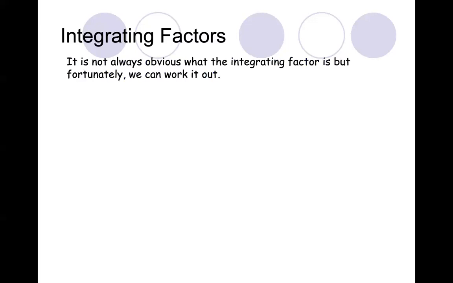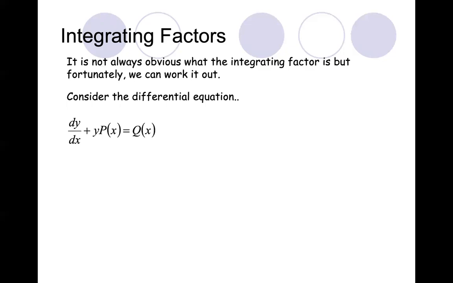So we need to find some sort of a formula to find the integrating factor. In the rest of the presentation, I'm going to derive the formula, and then you will use that formula to solve differential equations of the form that we have here.